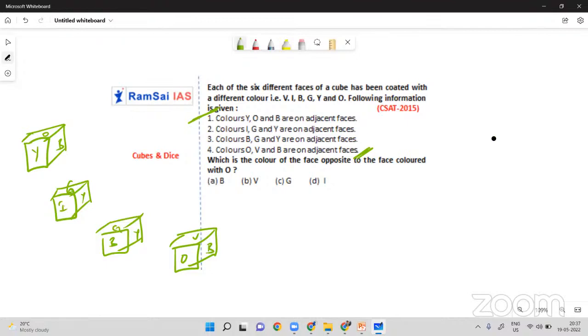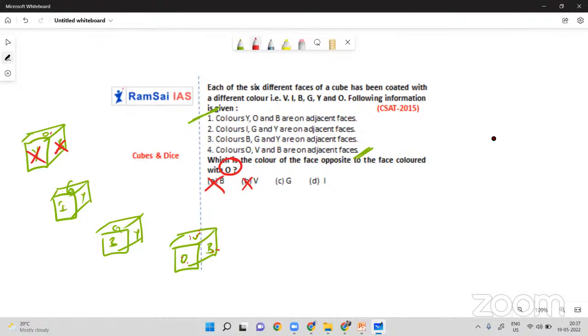We should calculate. I'll go with elimination. Opposite of O cannot be B and Y because they are sides. So I can eliminate option A directly. And can you find O anywhere? Yes, last one, B and V. B and V cannot be. So option B also I can eliminate directly because V is a side of O but not opposite.